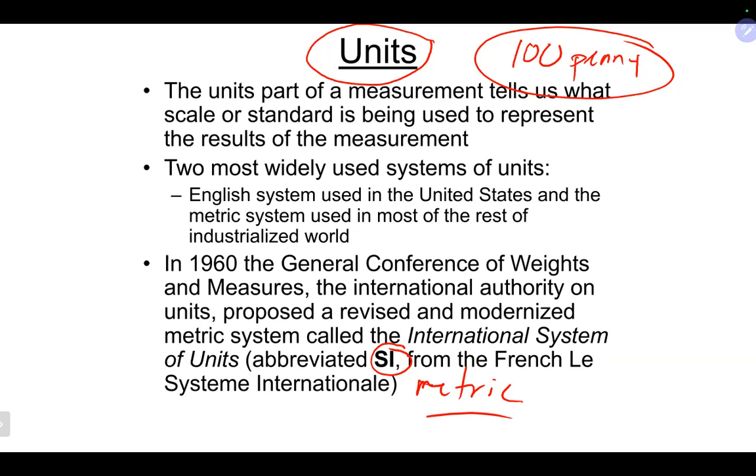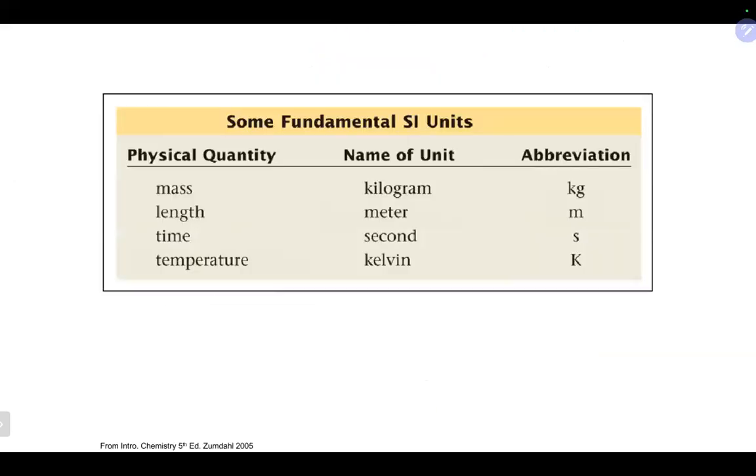All right. So the SI unit, you'll hear a lot. It really is based off of the metric system. We'll talk about each of these here in just a second. So first off, let's take a look at the SI units and the quantities that go with them. Mass is the kilogram. So the basic SI unit for mass is the kilogram.